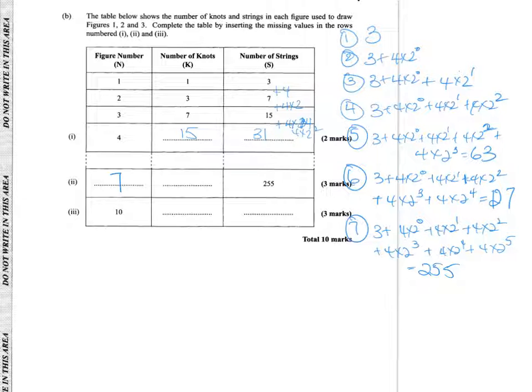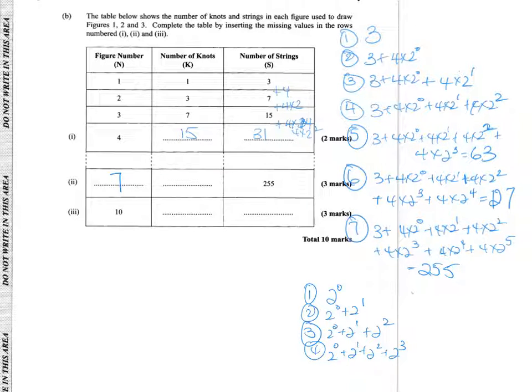Now we need to work out the number of knots. So if we look at the knots pattern, we know that the knots pattern is 2 to the power 0 for figure 1. So for figure 2 is 2 to the 0 plus 2 to the 1. Figure 3 is 2 to the 0 plus 2 to the power 1 plus 2 squared. Figure 4 is 2 to the power 0 plus 2 to the power 1 plus 2 squared plus 2 cubed.